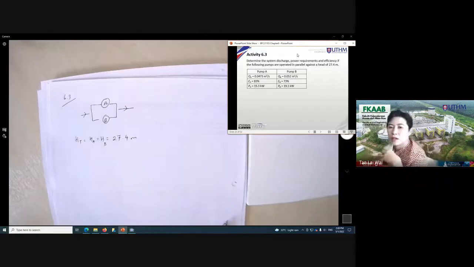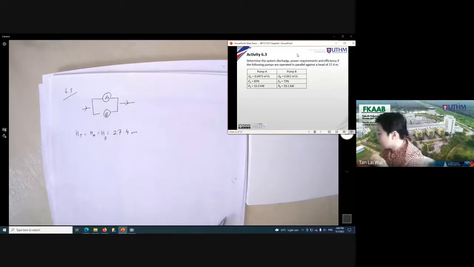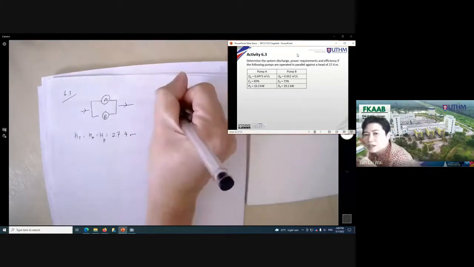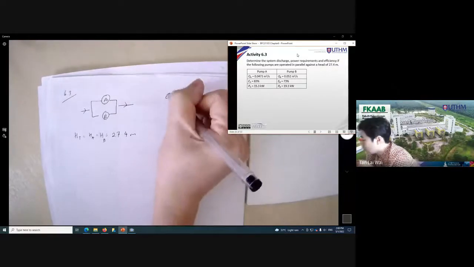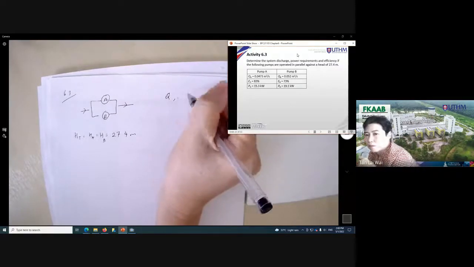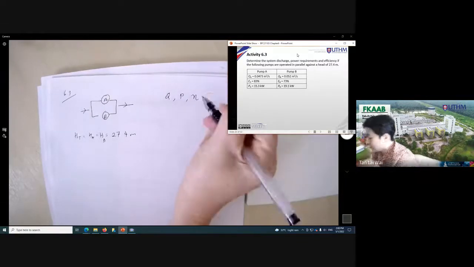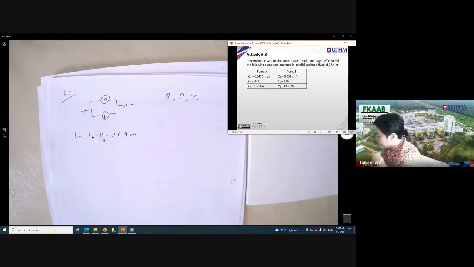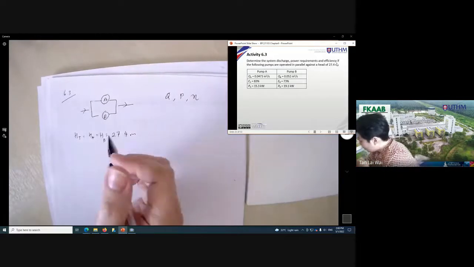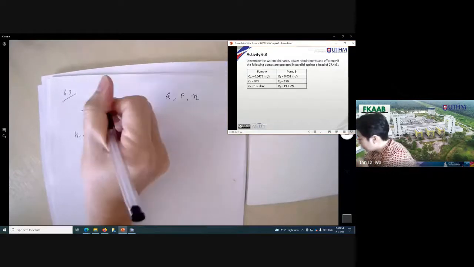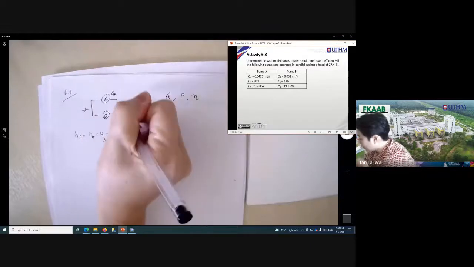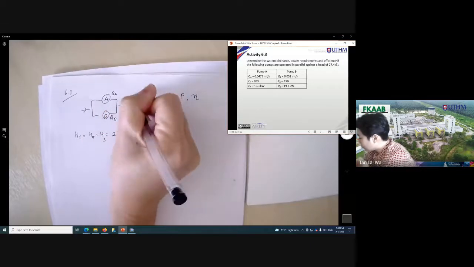Okay. And then the question asks us to find the system discharge, power, and also efficiency. Now, discharge would be, you have QA, QB. Q total will be the addition.